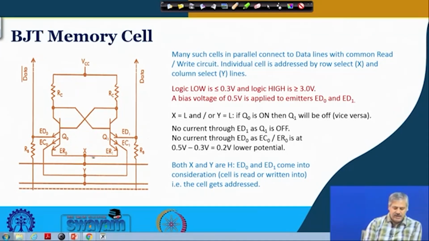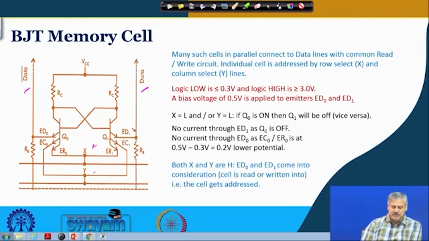This is the column and this is the row, the address select lines. When they are not selected, the value is 0, and if they are selected, the value is 1, that is high. Otherwise it will be low. This is the line that goes to the data and data bar bit lines. This is ED0 and ED1 that you see over here.